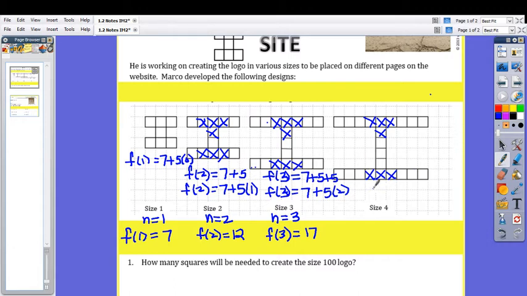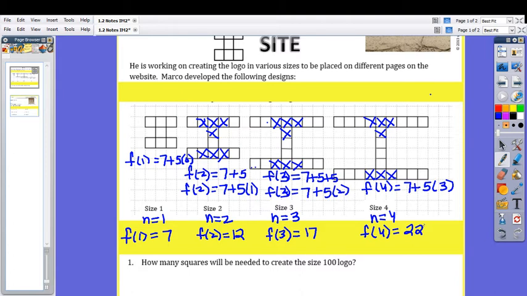So this time we will be writing f of 4 is 7 plus, and there are 3 sets of 5, so 5 times 3. When n is 4, f of 4 will be 22 of them. So now let's find a pattern.